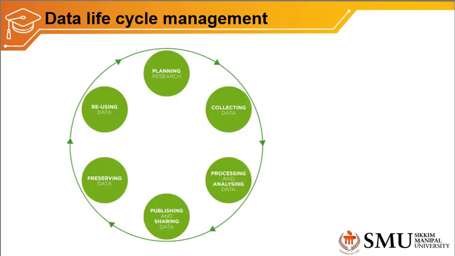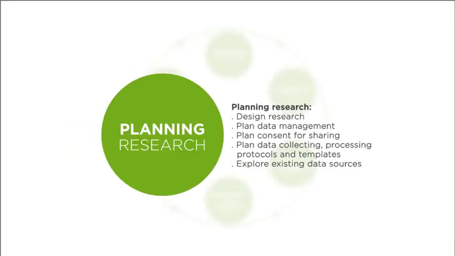There are 6 phases in data life cycle management. The first is planning research, second is collecting data, third is processing and analyzing data, fourth is publishing and sharing data, fifth is preserving data, sixth is reusing data. Let's see what is planning research.